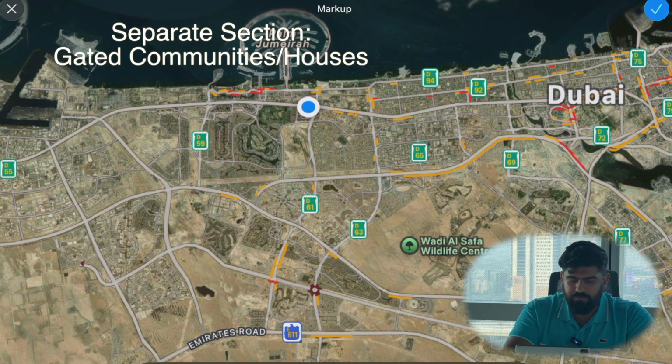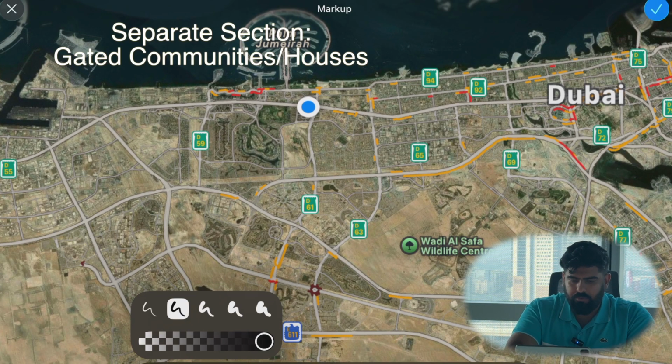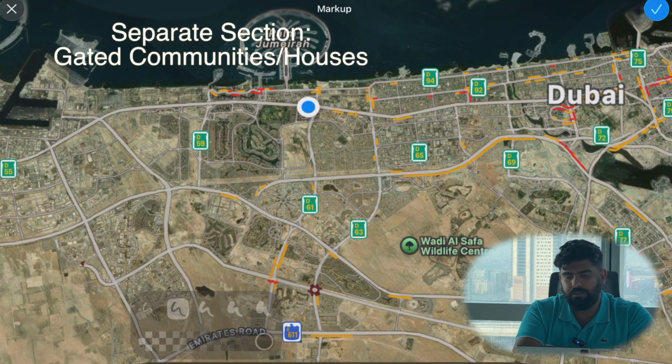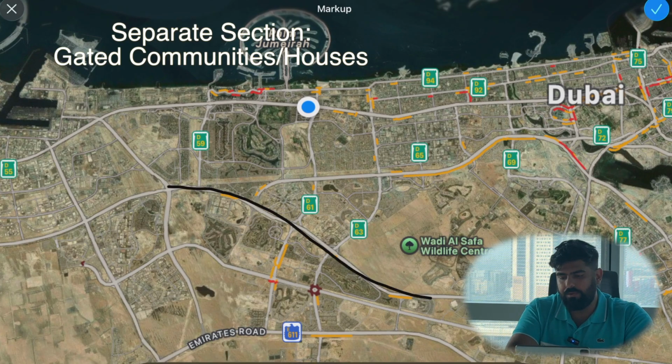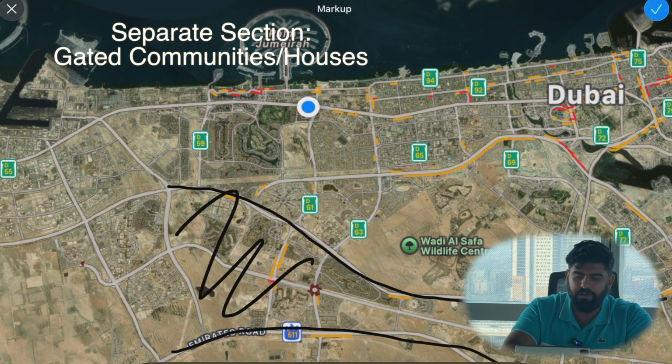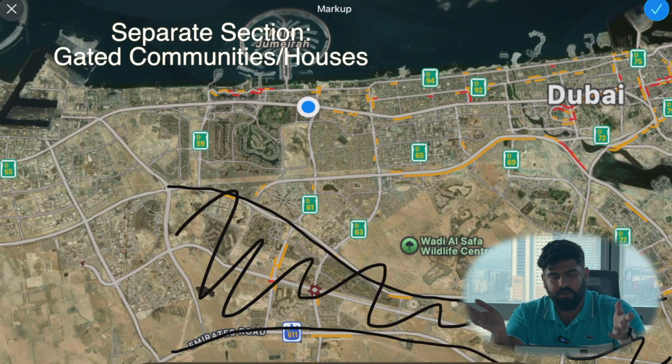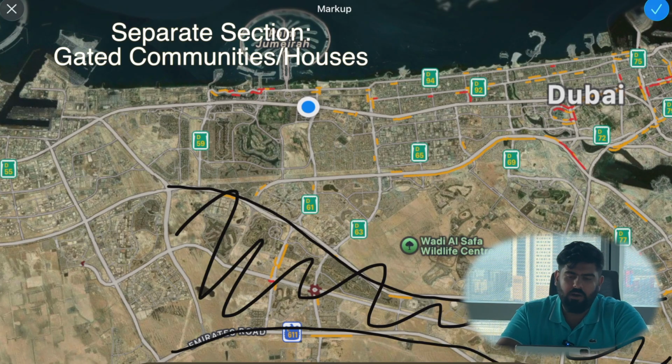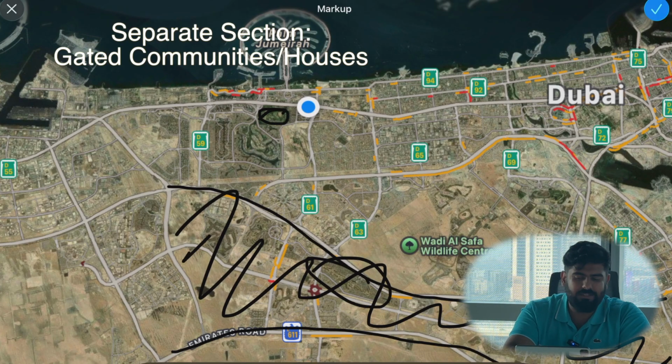So just to give you a bit of a rundown on townhouses and villas, between these two roads, the majority of our townhouses and villas are located. So this is where our housing is. Most of it is in Zone 3, I would say, if that helps you understand. So if you're looking for houses and you don't want to pay 20 million quid over here, even here actually, but if you're looking for housing, it's going to be somewhere here.